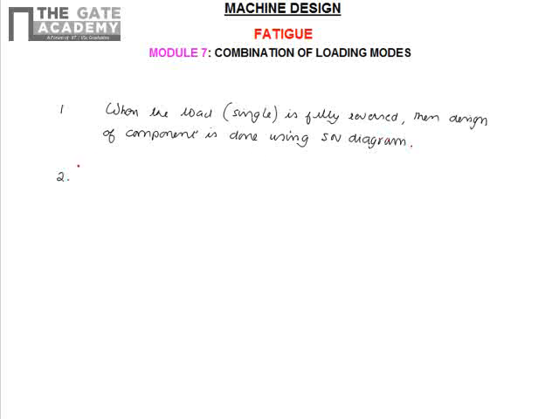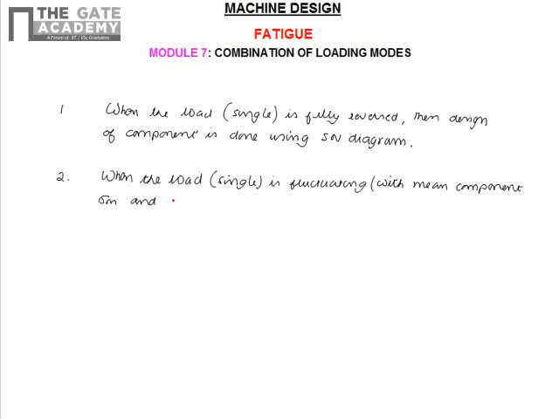Now second case is when the load, again single in the sense it can be an axial load, it can be a bending load or it can be a torsional load, is fluctuating with a mean component sigma m and an alternating component sigma a.